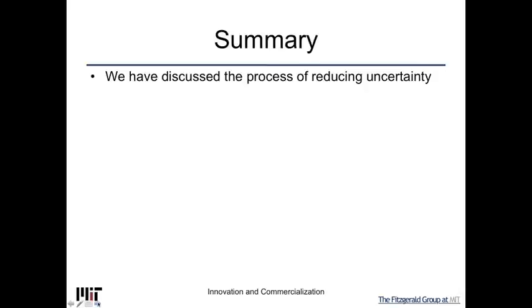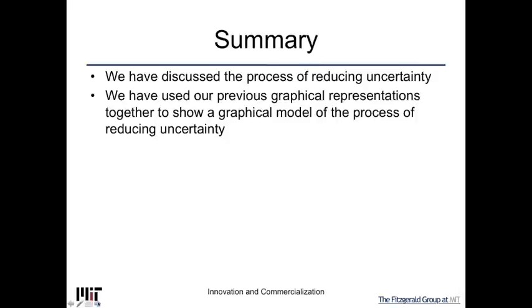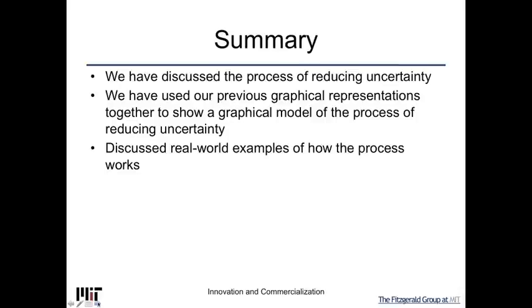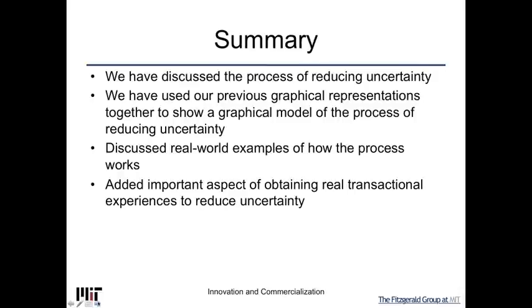So to summarize, then, we discussed the process of reducing uncertainty. We've used our graphical representation throughout this discussion, and we discussed some real-world examples for you, and we added an important aspect, which is these transactional experiences. Through the 4Power example and the other things we've mentioned, I hope that we've been able to communicate how you have to really go out there and try to do it, filter out the noise, grab the pieces that affect your market application, your technology, or your implementation, and move forward.